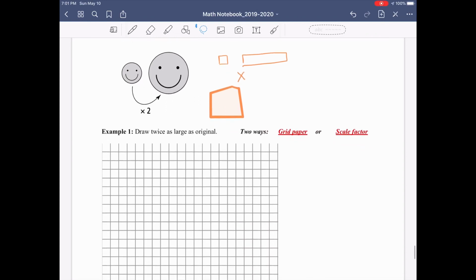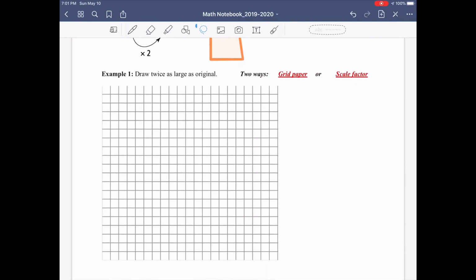Example 1 tells us to draw an enlargement twice as large as the original. It doesn't really give us anything to start off with, so I'm going to start off with an arrow design. We're going to have an arrow like this. It's going to go 1, 2, 3, 4, 5 squares and another arrow here. And we're going to draw an enlargement of that.